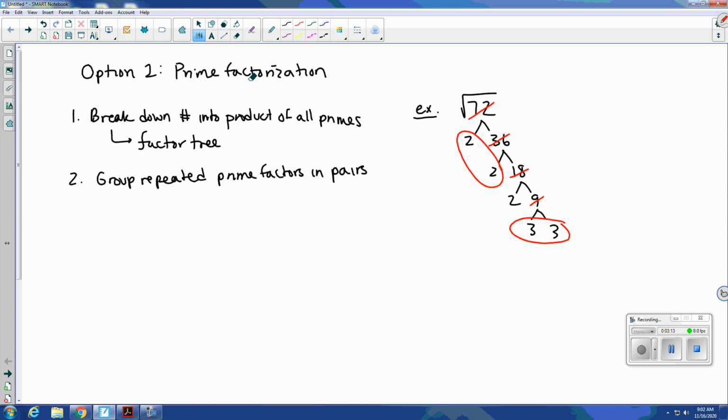Once we've made our groupings, we are going to remove the grouped number once per grouping from the radical.